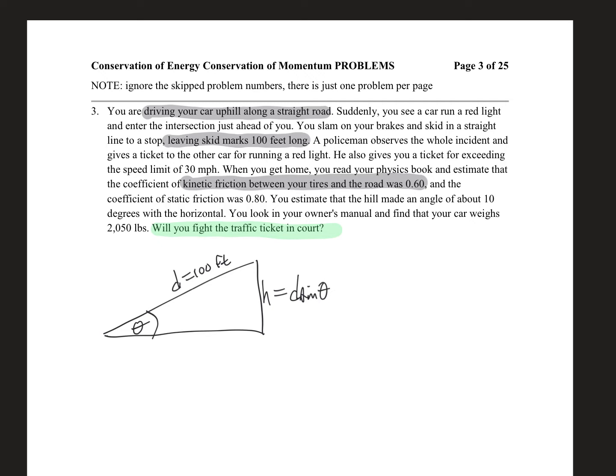Now, we do need to know the portion of weight that's associated with the friction force, or the normal force. We could just know that that's going to be mg cosine theta because of our prior work with inclined planes, because the weight of the car is straight down, but since we're on an inclined plane, we have a different kind of situation.